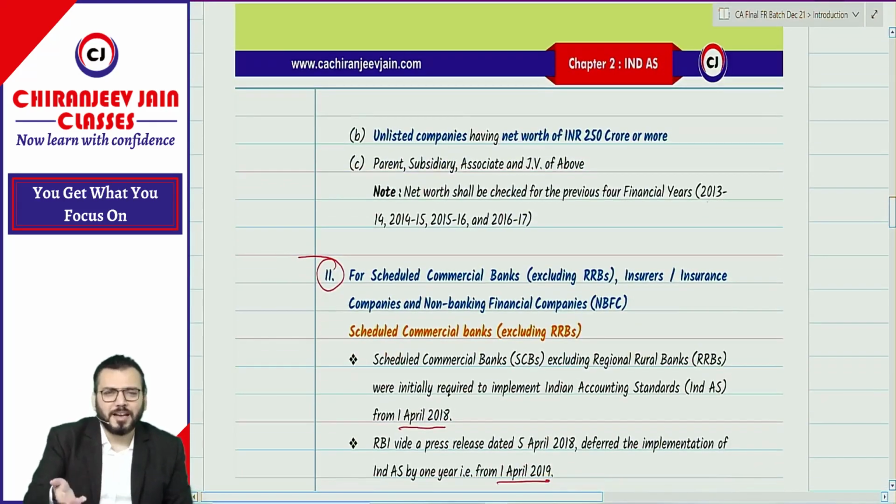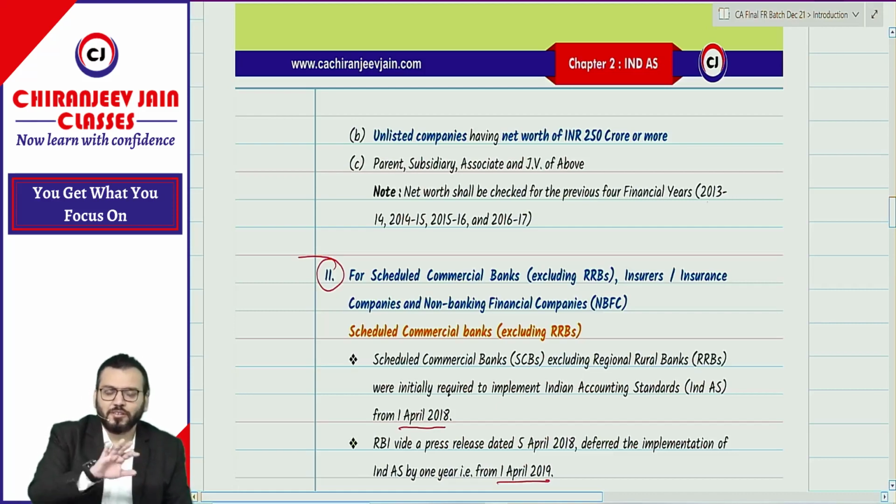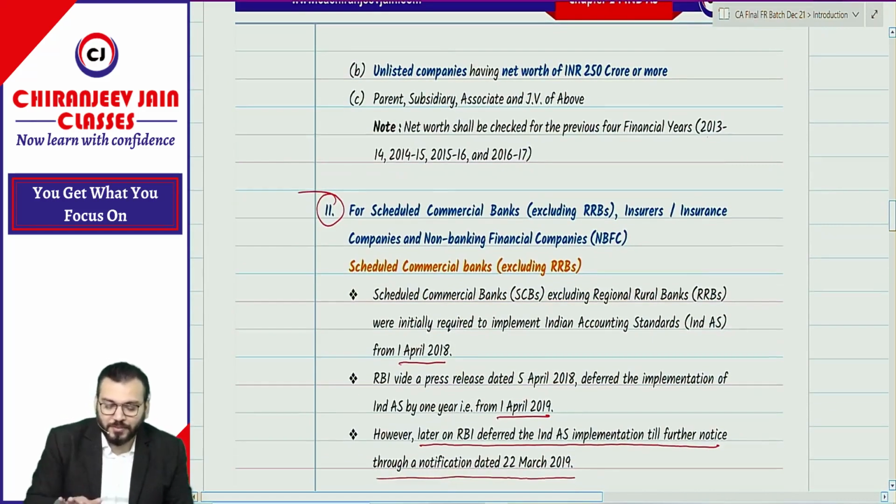Understood? And parent, subsidiaries, associate and joint venture of such companies. What is parent, what is subsidiary, what is associate, what is joint venture? Detailed discussion will be done when we start the consolidation chapter. Right now, whatever you know, that much you know. I will not discuss right now who are associates and joint ventures.